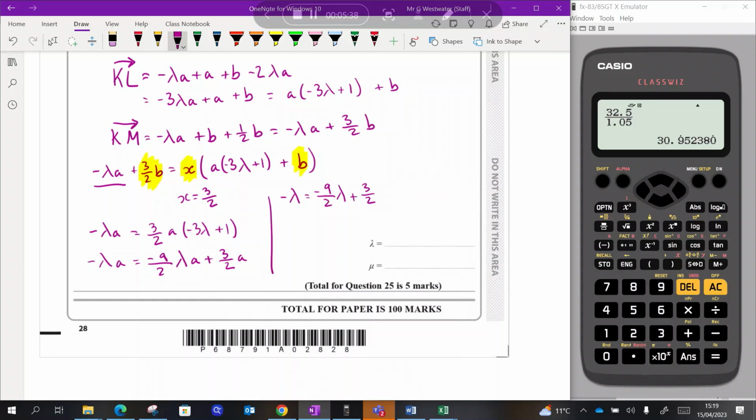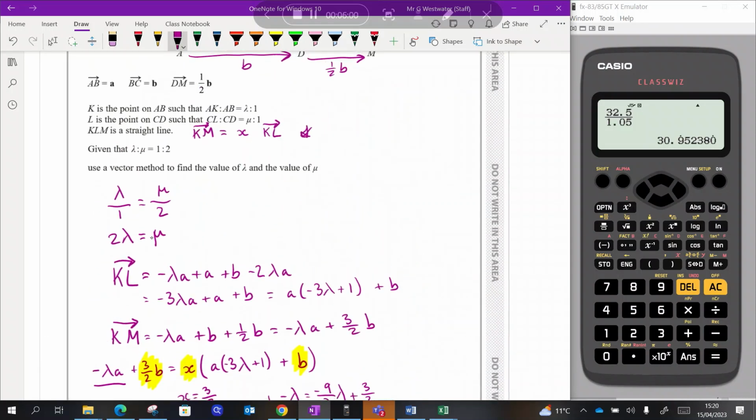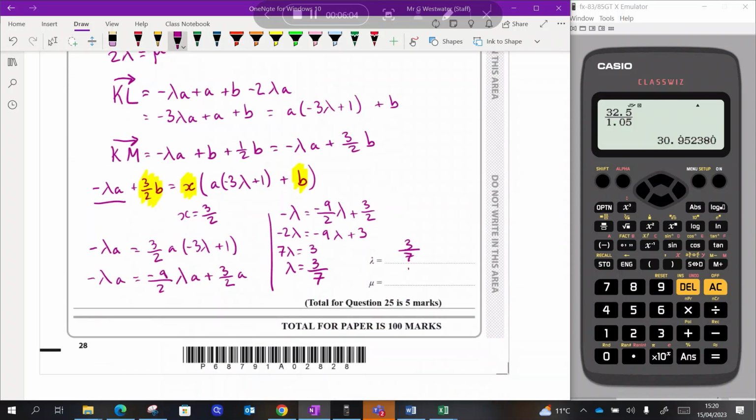Let's get rid of the denominator, so times everything by 2: minus 2 lambda equals minus 9 lambda plus 3. Add 9 lambda, so 7 lambda equals 3, and lambda is therefore 3 over 7. And if lambda is 3 over 7, then mu has to equal 2 times lambda. Mu is 6 over 7.